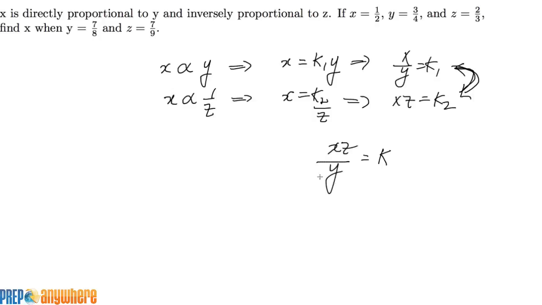Now, how is this the same thing as combining these two? If I fix z to be some constant, do you see that we get the exact same condition? We get x over y is some constant. If I fix this one, I get x times z will be some kind of constant, so it's a different one from this.